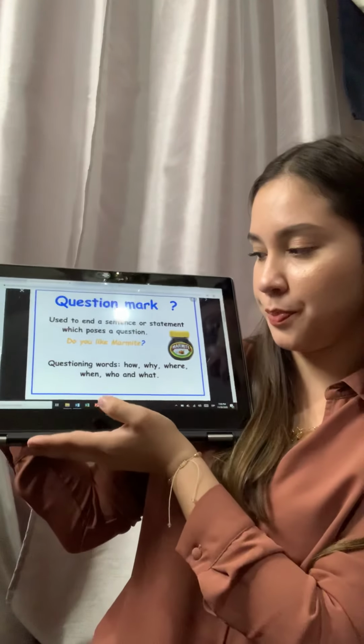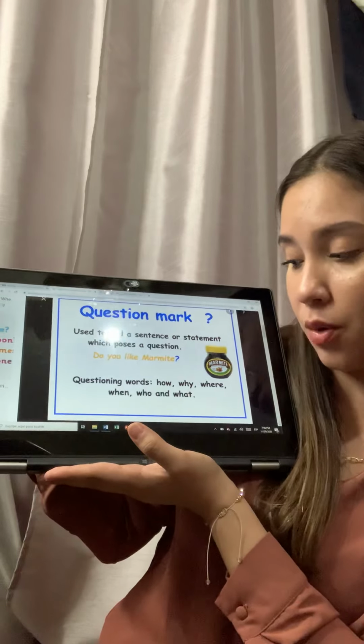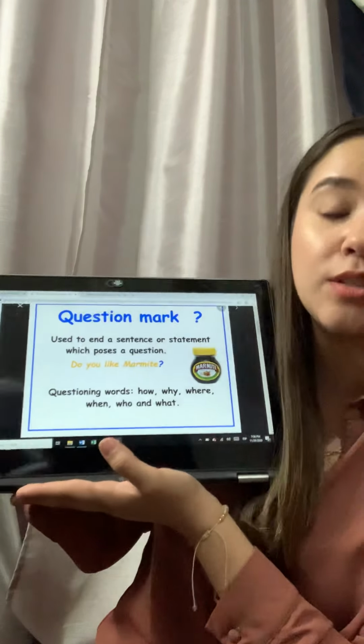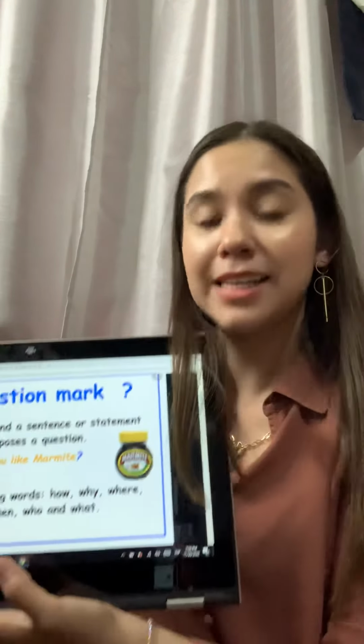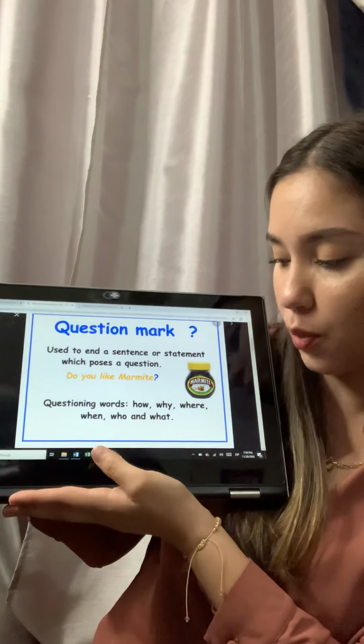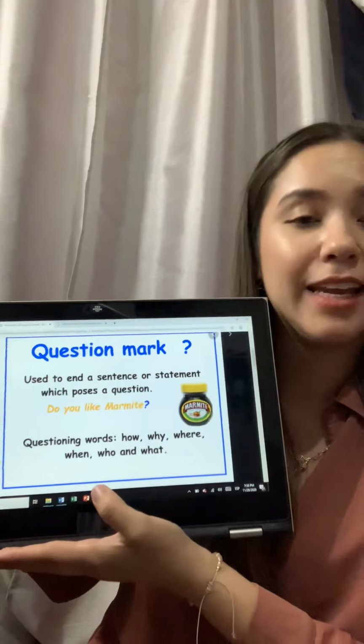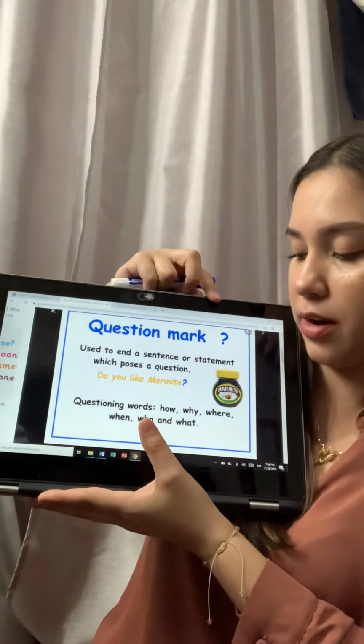Okay, now, questioning words: how, why, where, when, who, and what. So when you see that a sentence begins with these words, that will be a question, and it would end with a question mark.